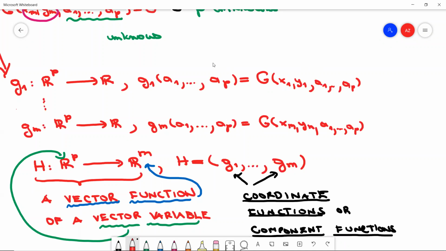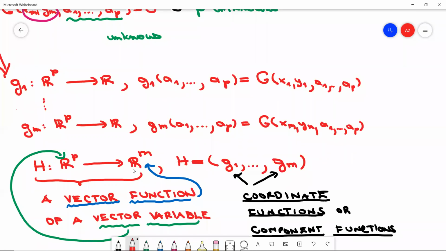That's why those are in fact functions of p parameters, and we write them as g1 up to gm, and collect them in some bigger function, some new function, which is called h.